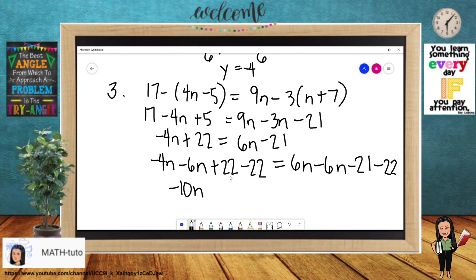We can leave out the 0. Equal to, on this side, 0n. We can leave that out too. This is negative 43. So, we now divide both sides by negative 10.